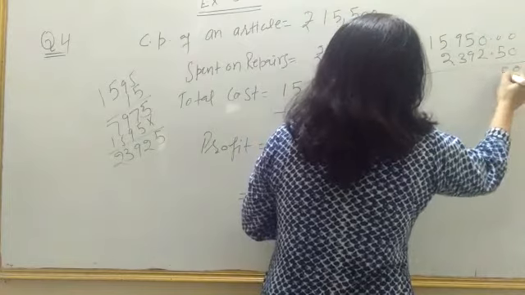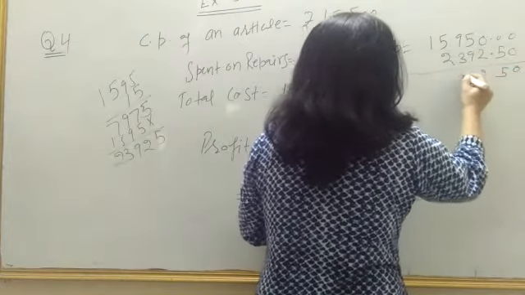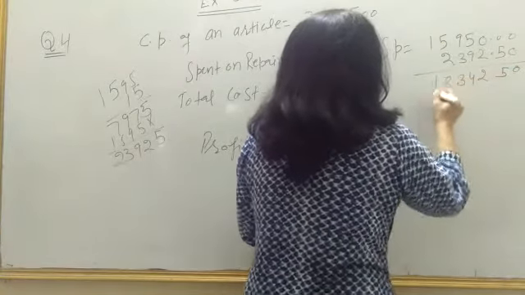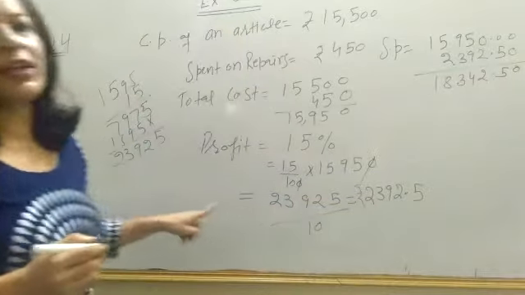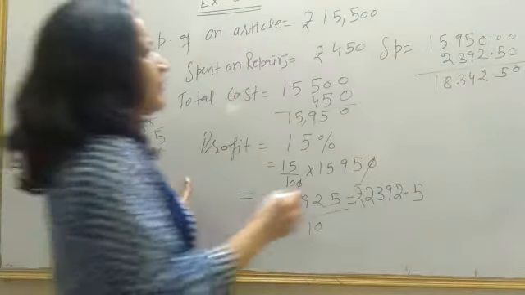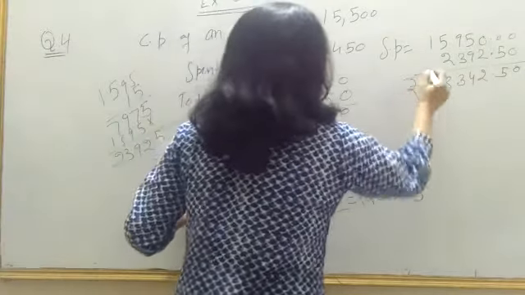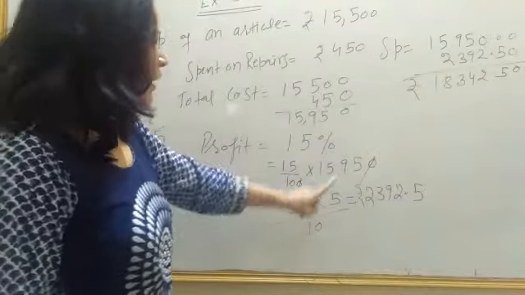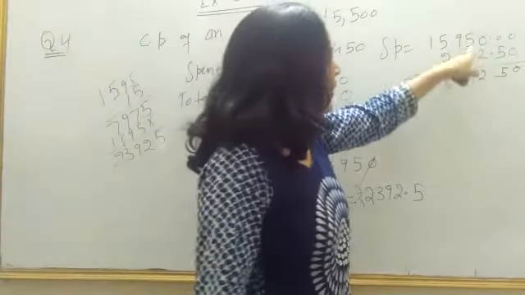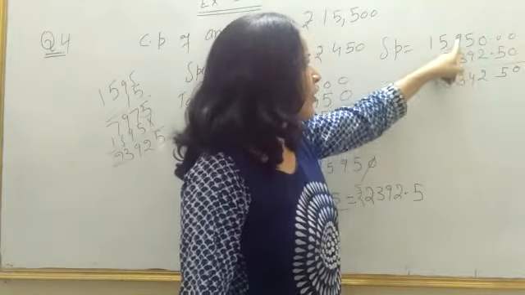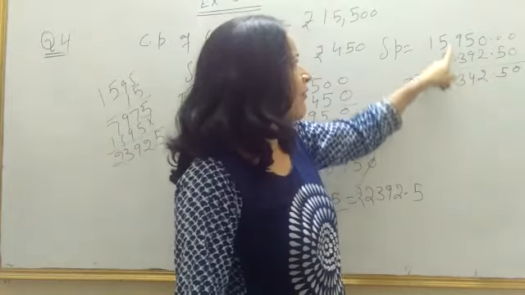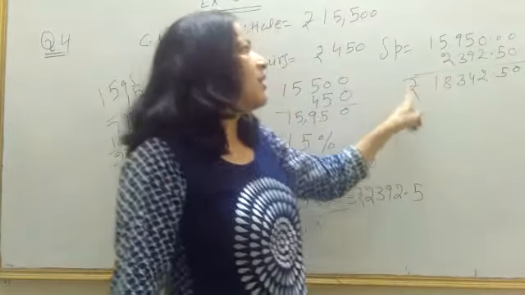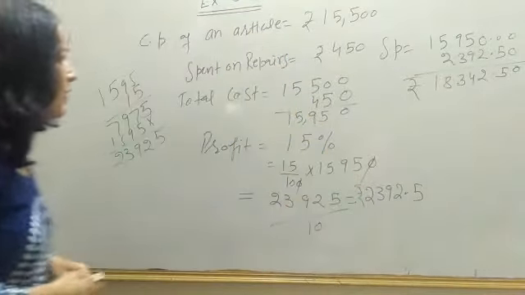So it will be 18,342 rupees 50 paise. Clear? If I have not calculated wrongly, it's 2, 9 plus 5 is 14, carry 1, 9 plus 1 is 10, 3 plus 1 is 13, carry 1, 5 plus 1 is 6, 7, 8. So this is the selling price.